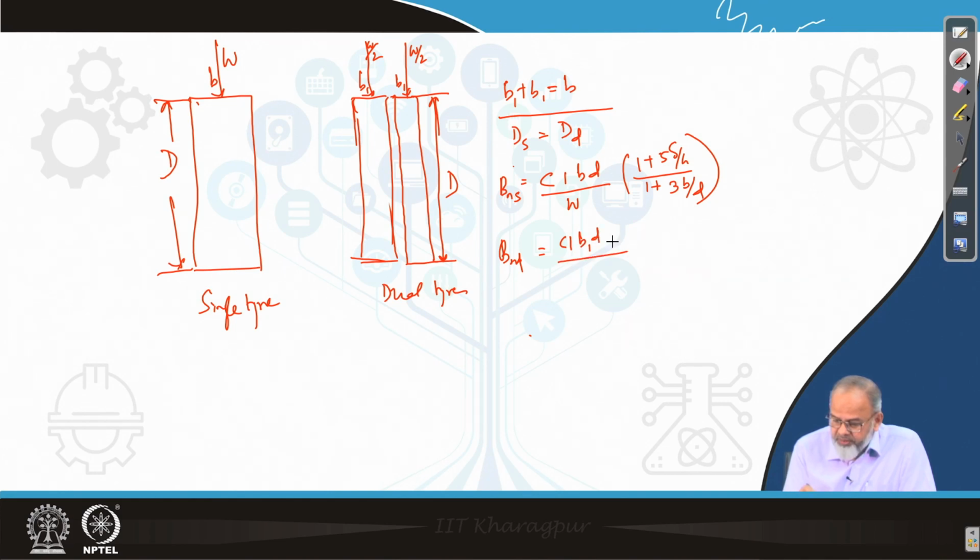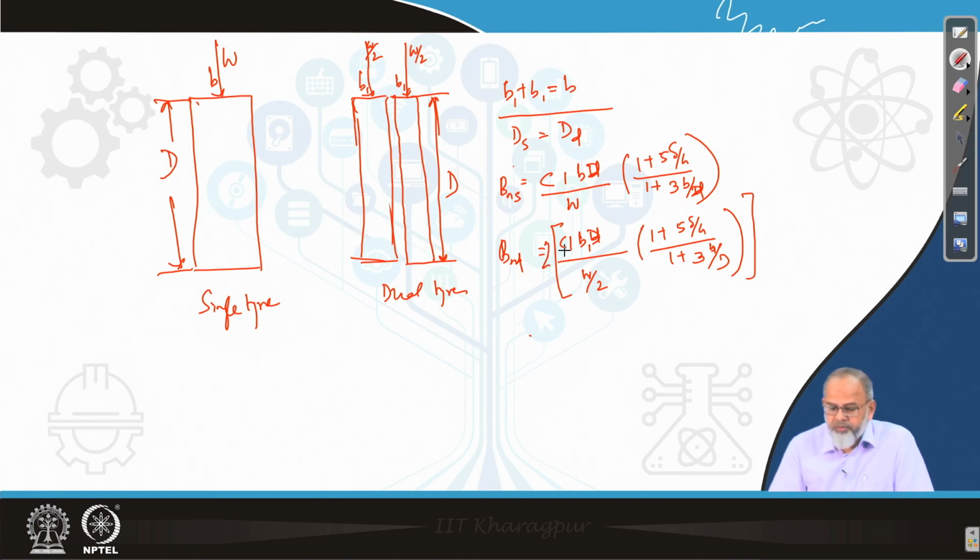B1 into D, this D which I have written in small is capital D, the diameter. So, C1 B1 D by W by 2 into (1 plus 5 del by H), assuming that the deflection to height ratio remains same for both the tires, by (1 plus 3B1 by D).